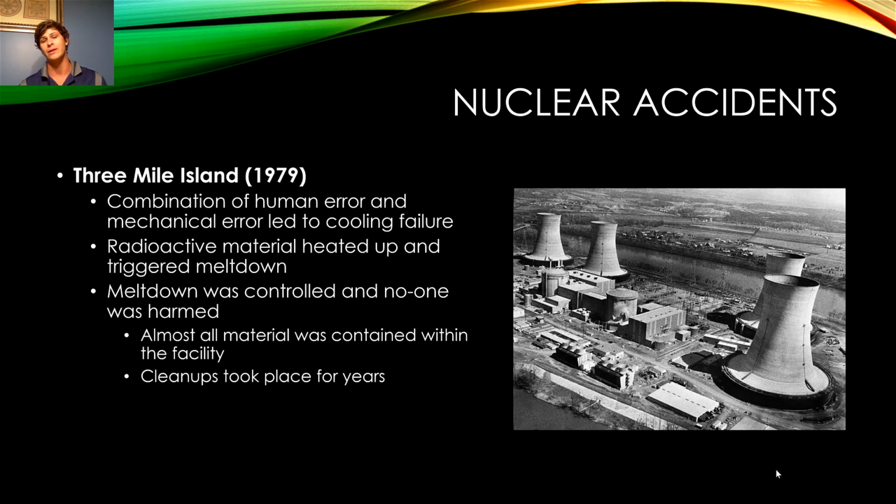So the Three Mile Island incident in 1979 is mostly regarded as a near-miss scenario as far as nuclear catastrophes go. While there was an extremely expensive nuclear cleanup that took decades to take place, there weren't any serious environmental catastrophes, and there weren't any human health catastrophes that took place as a result of this nuclear reactor failure.